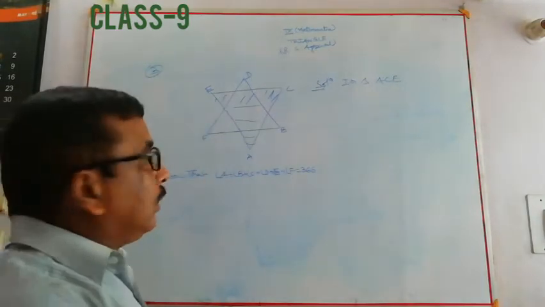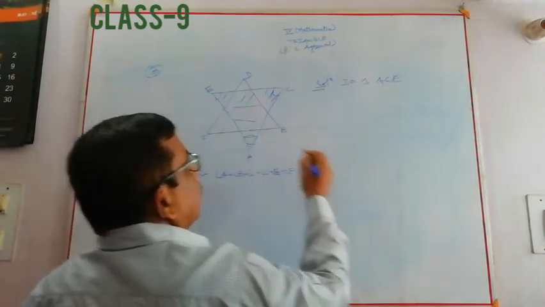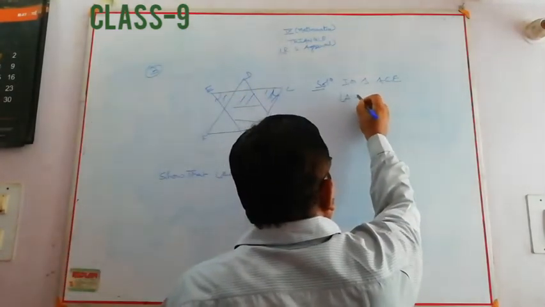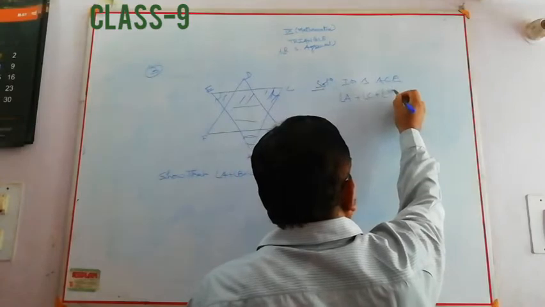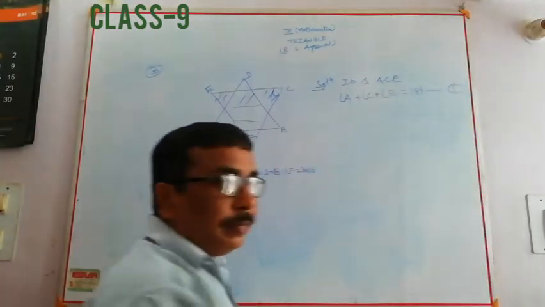You know that the sum of angle A plus C plus E, angle A plus angle C plus angle E is equal to 180 degree. That is the property of triangle.